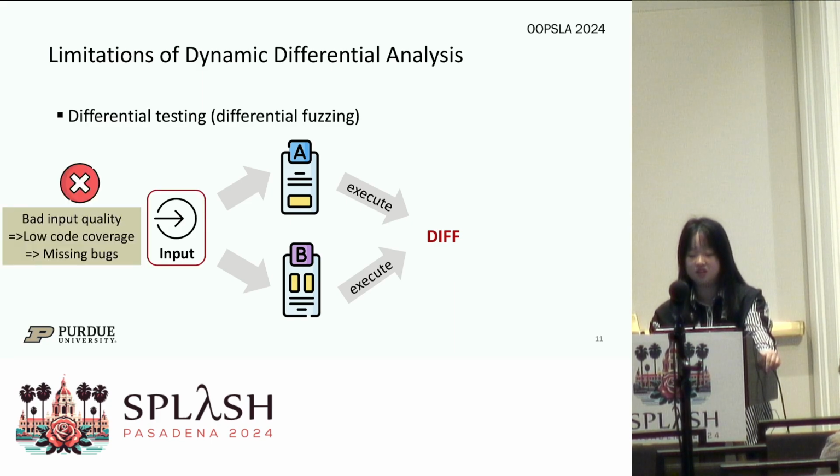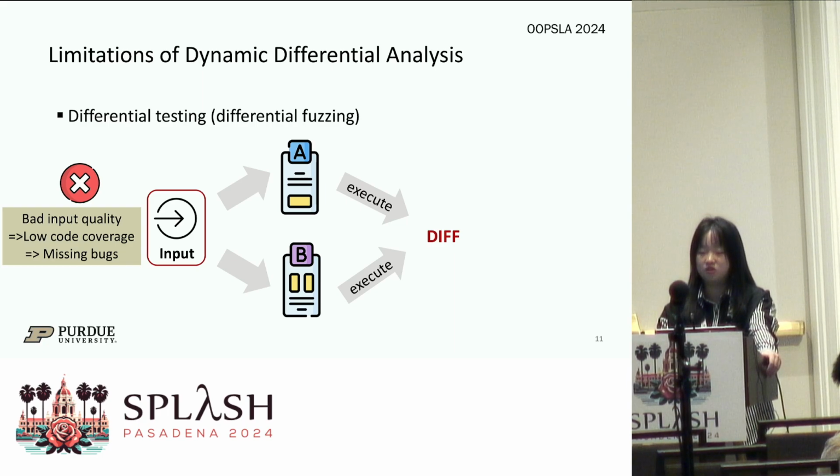However, these techniques often require high-quality seed inputs to achieve high code coverage. In the parsing code, to reach the buggy code, there might be a lot of input validation checks before the buggy line. So the test case needs to bypass all those input validation checks before reaching the buggy code.